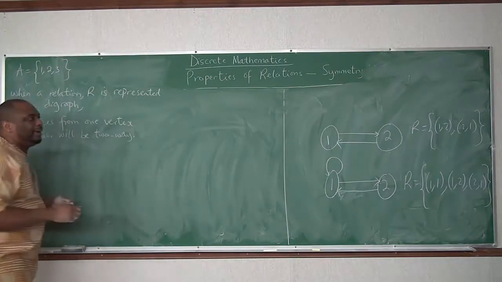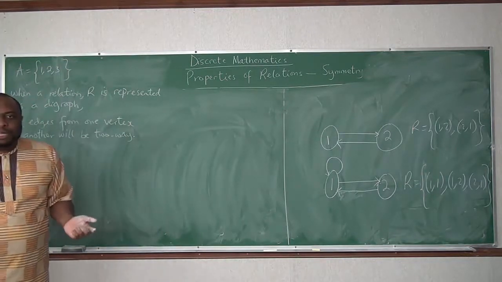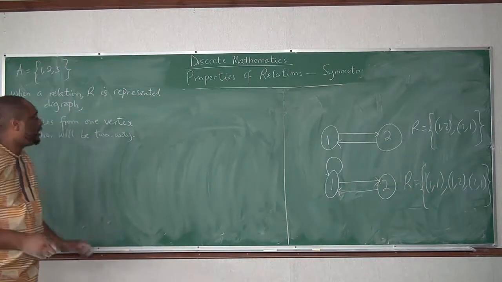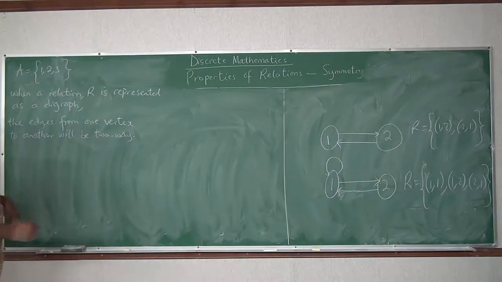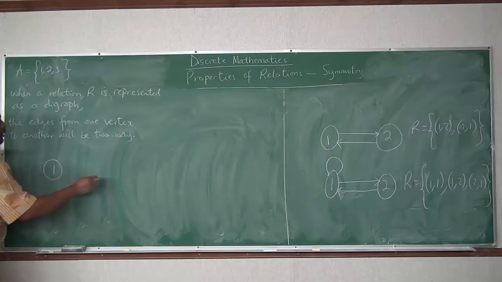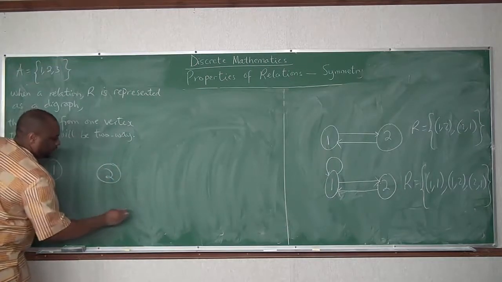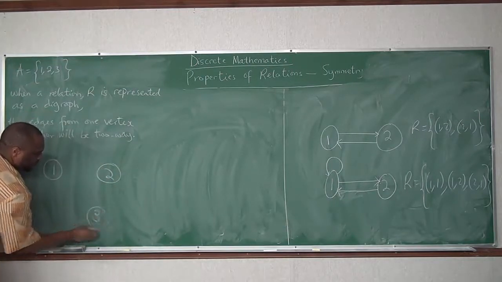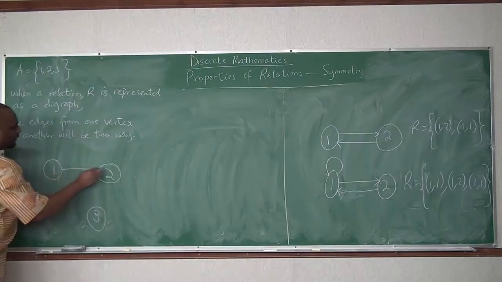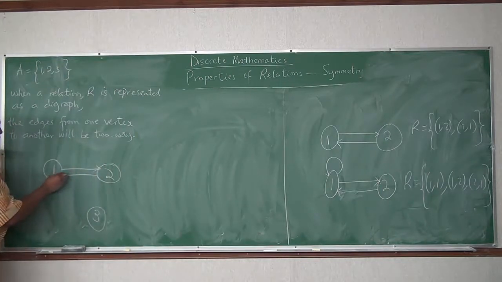So it does not matter whether you have a loop or not. Let's say we have 1, 2, 3. If you have 1 to 2, you must have 2 to 1.